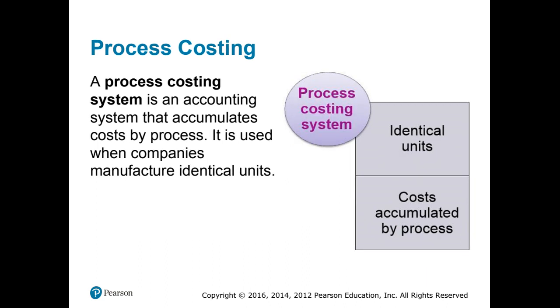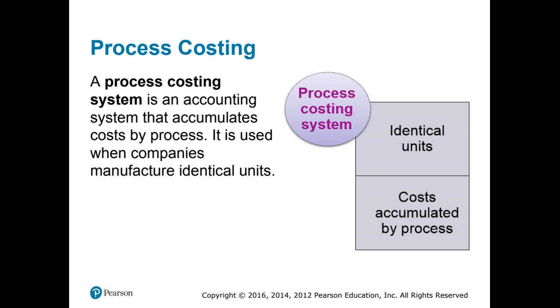In a process costing system, this is an accounting system that accumulates cost by process. It is used when companies manufacture identical units. So making our tablets for Smart Touch Learning, we're making all these identical tablets to sell.